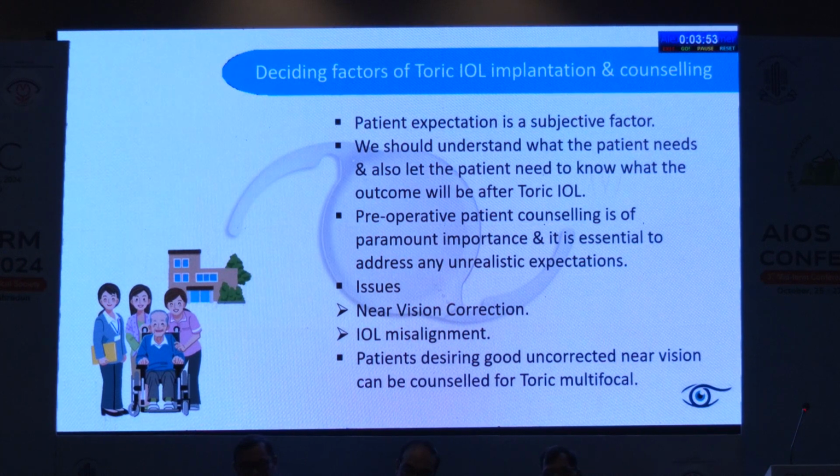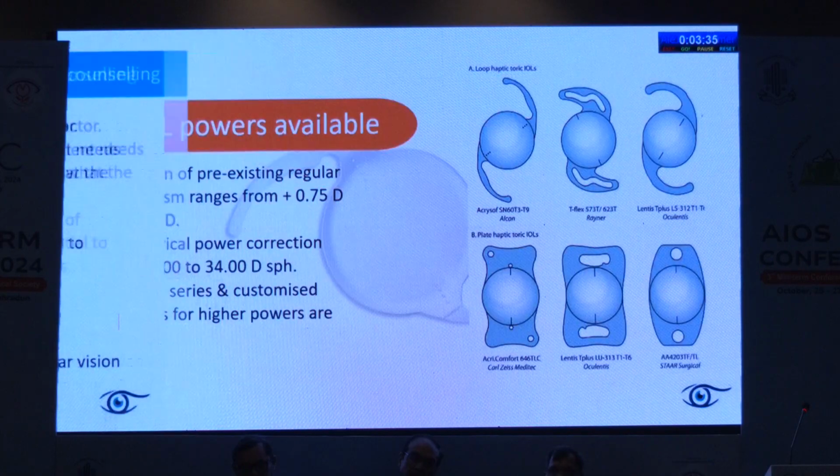And if we are planning a monofocal toric, then he needs to understand that he will need near vision correction. If he is wishing to have a spectacle-free life after surgery, we need to counsel him for a multifocal or a trifocal toric lens.